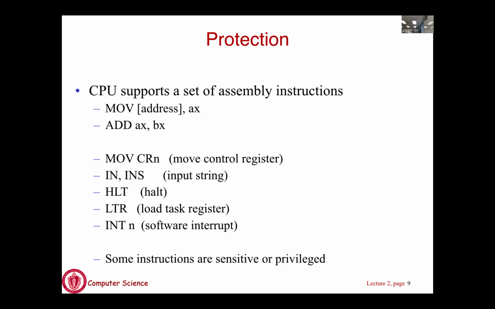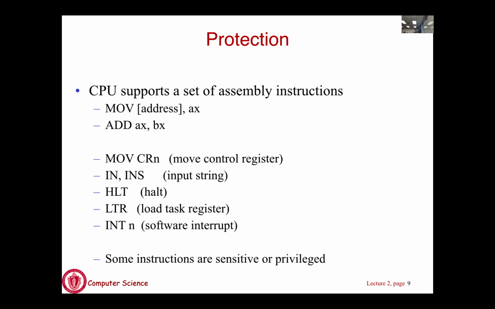Now, if you look at the instructions that are supported by the processor, you will see that some look more sensitive than others. On this slide, let us look at the halt instruction. That is essentially going to stop the machine, powering it down. So, should any application process be allowed to execute halt?